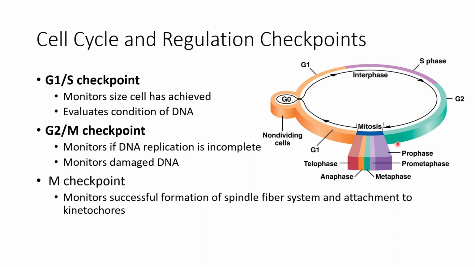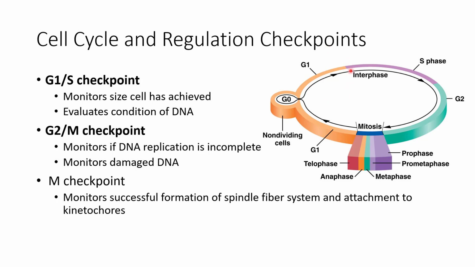Cyclins we think of as governing cell cycle proteins. That's why we named them cyclins. They are integral to the cell cycle. And the kinases are the enzymes that activate these cyclins.